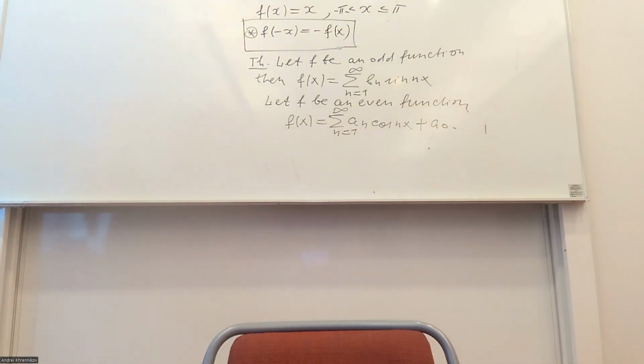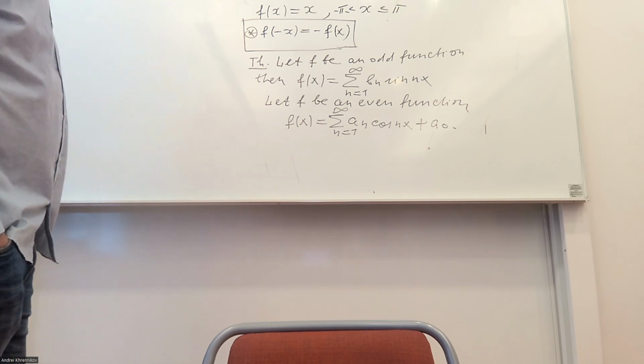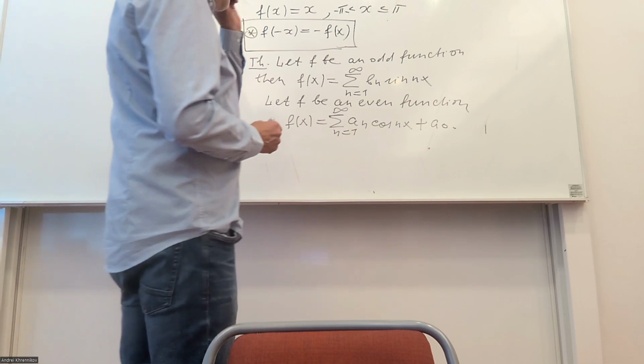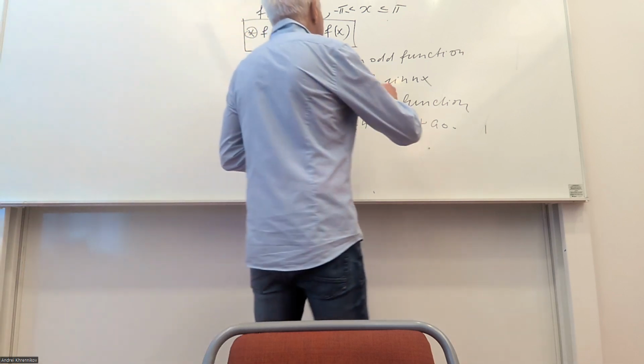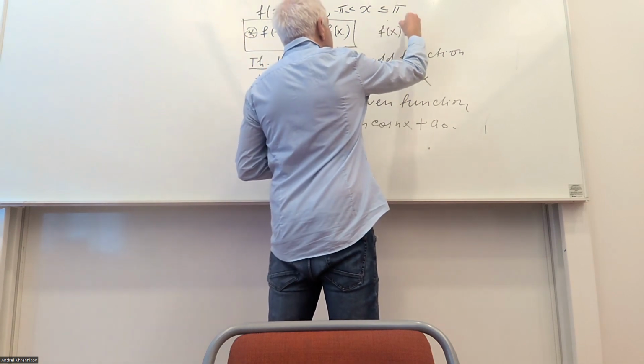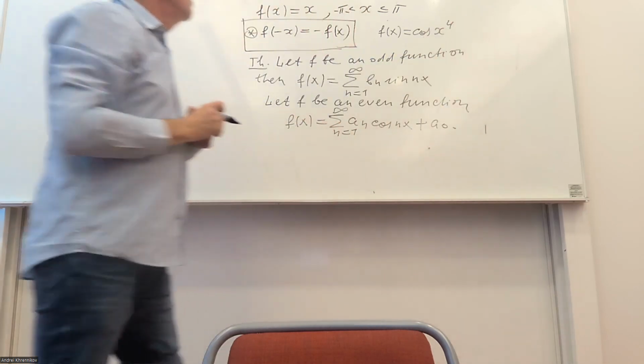These even or odd functions can be very complicated, and if you try to calculate the Fourier coefficients directly, it can be very difficult. For example, take the function f(x) equal to cosinus x to the fourth.